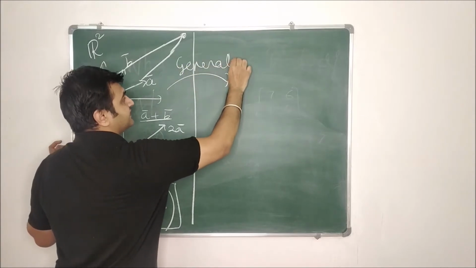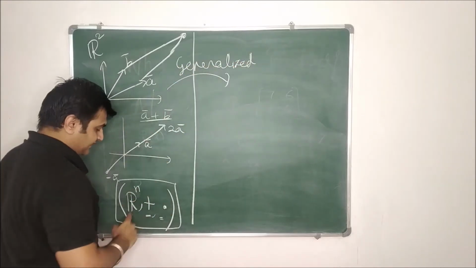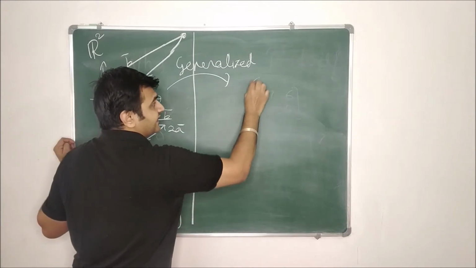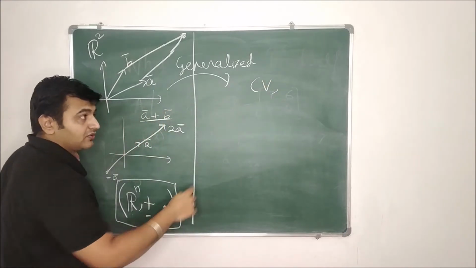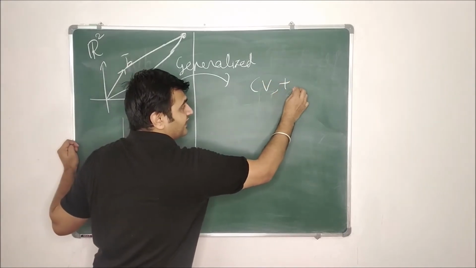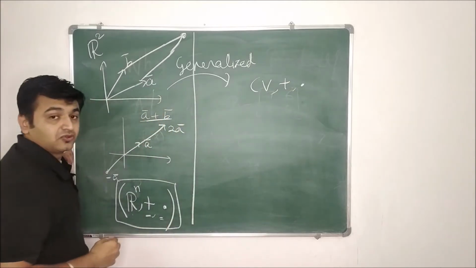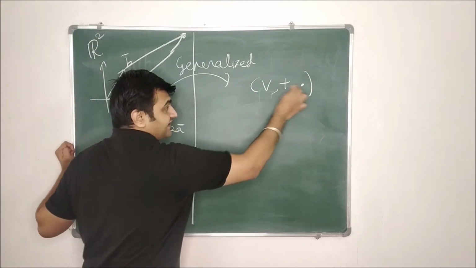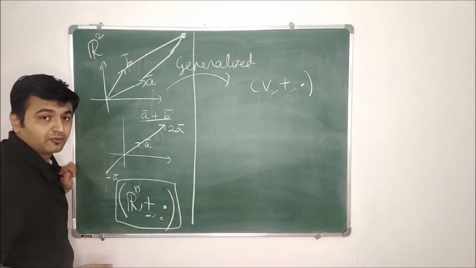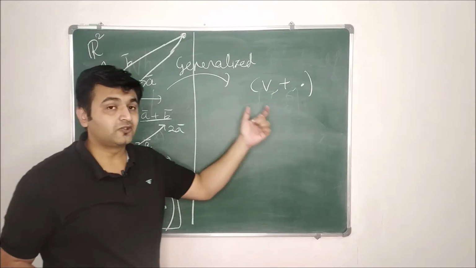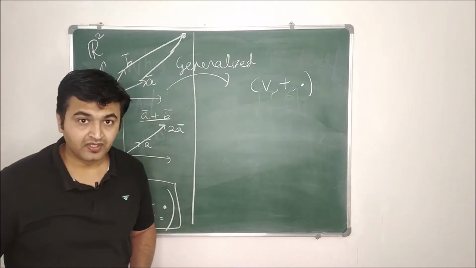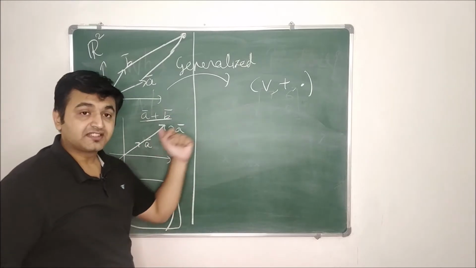Instead of Rn, you take any set V, and on that set you try to define addition and multiplication operations. If this set satisfies those 8 to 10 properties, then we call this set a vector space. That's how the vector space comes into the picture.